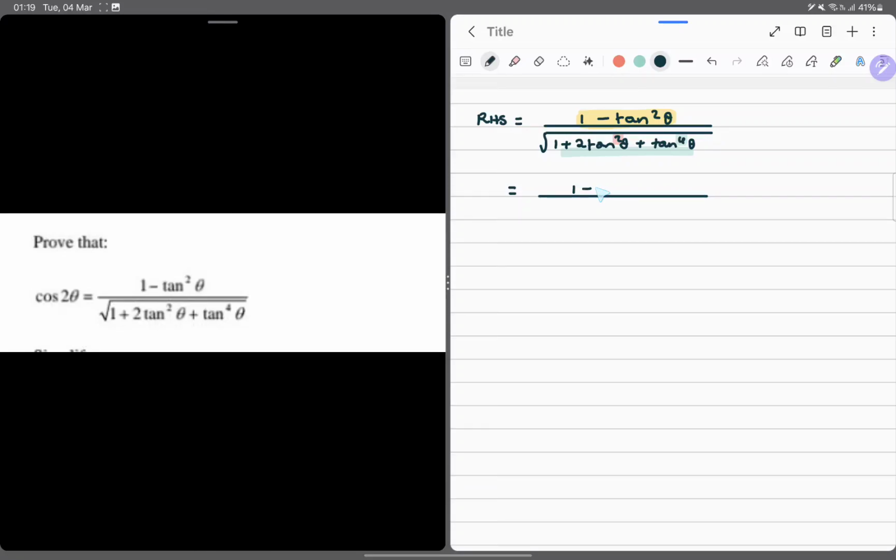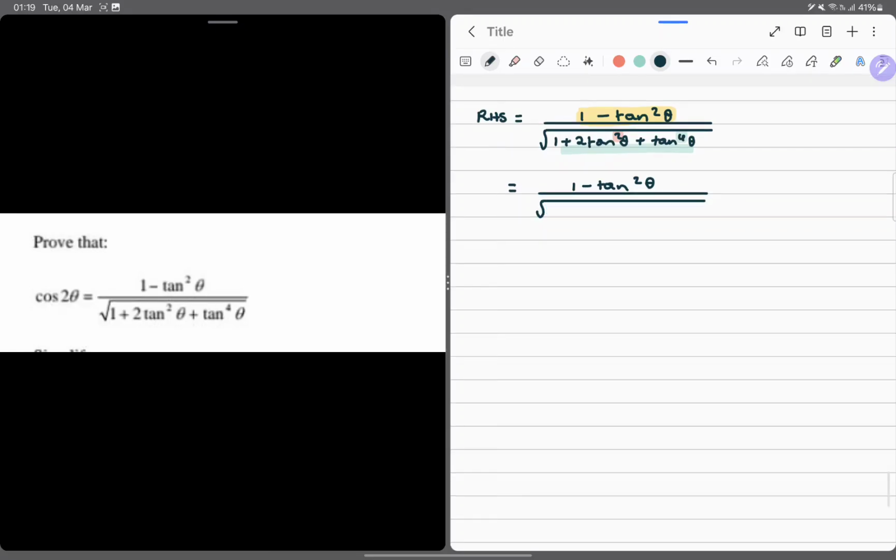So we have 1 minus tan squared theta over the square root of. Now for us to factorize this, we know that this is the highest exponent, so this should be tan squared theta, and this will still be tan squared theta.